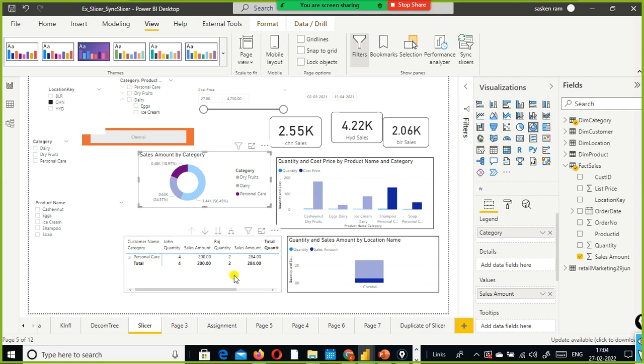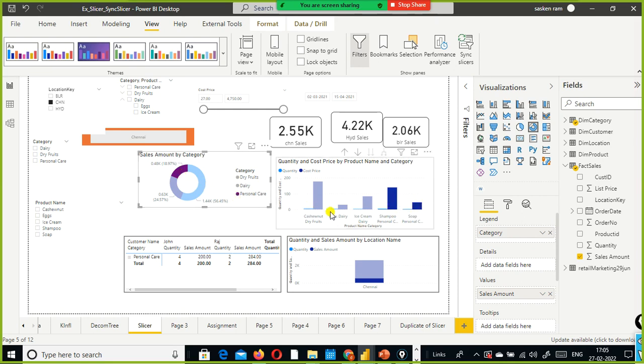When it comes to the matrix visual, it is not highlighting, rather it retains only the relevant data and excludes the unrelated data. If you take a closer look at the bar chart or the column chart here, only the products shampoo and soap, these two products that belong to personal care, got highlighted.